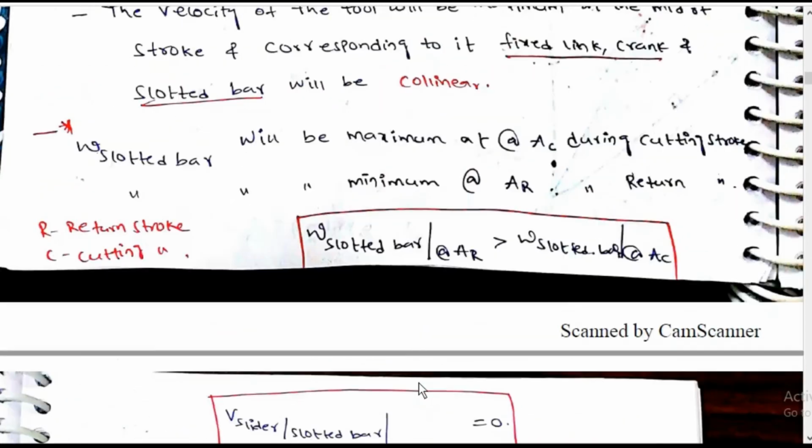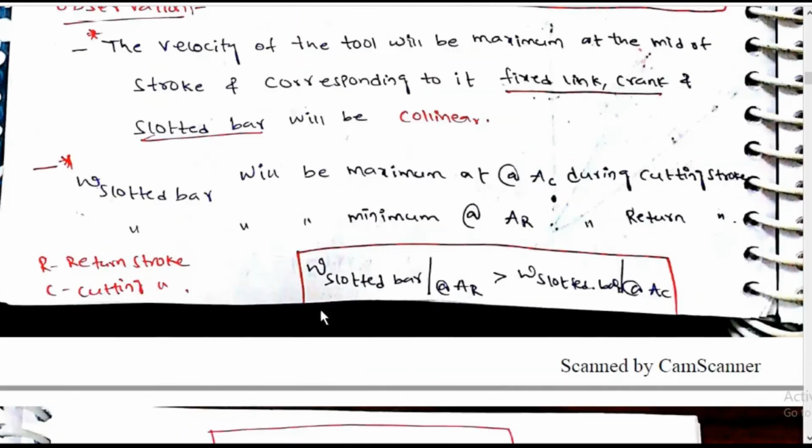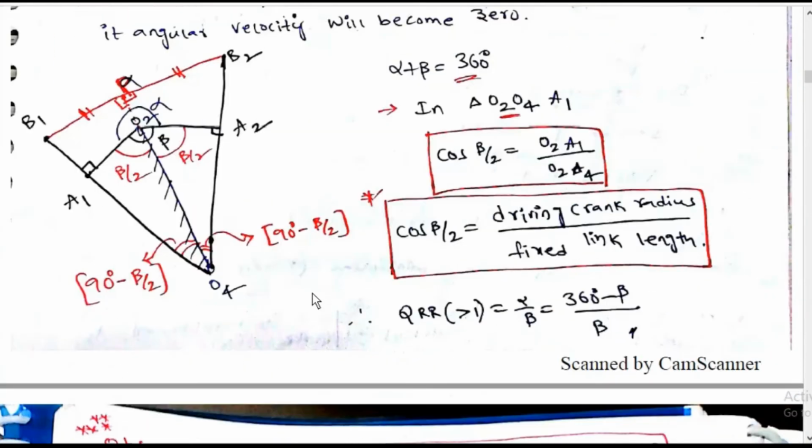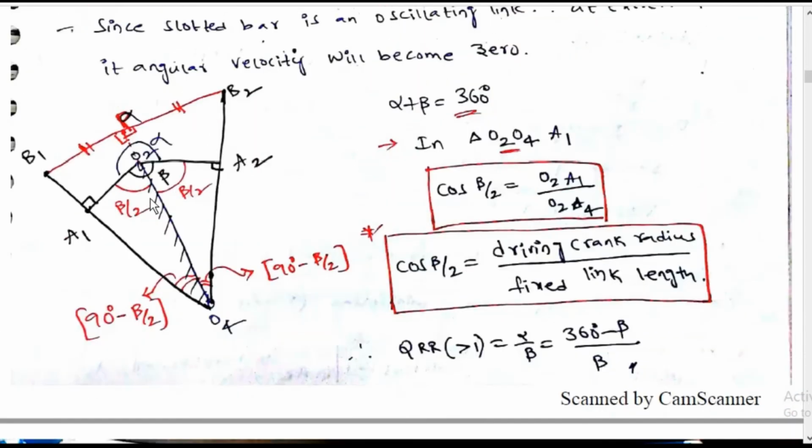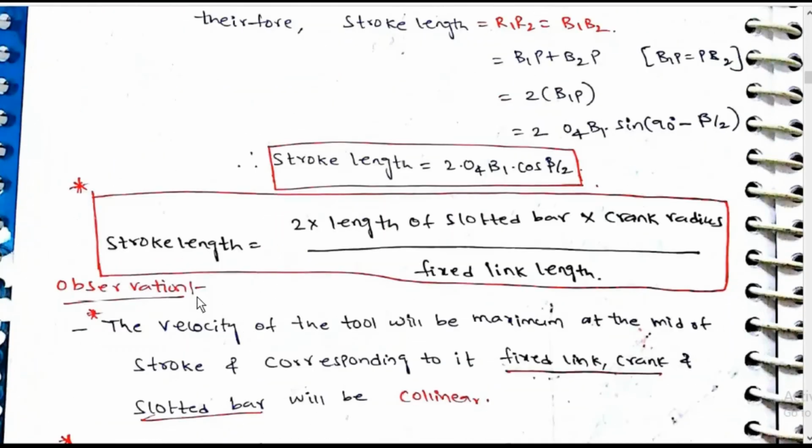At the ends of cutting and return, V slider relative to slotted bar is 0. Here A1, A2. Here, at the ends of cutting and return, it is again 0 when it passes through the midpoint.